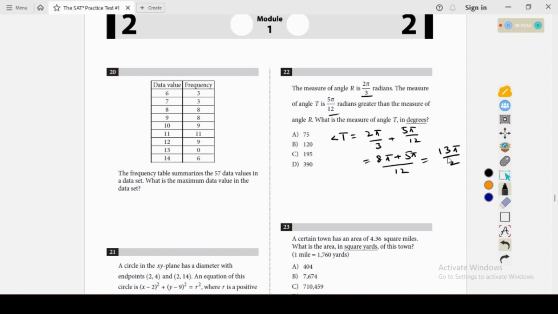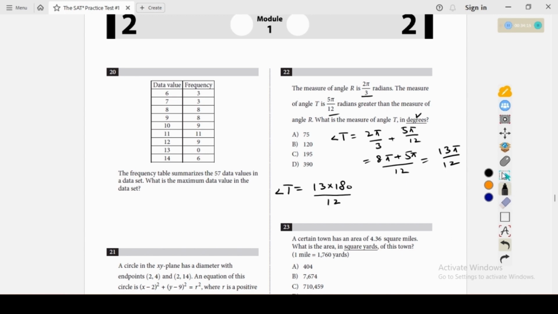But this value is in radian and we have to find the value in degrees. Just substitute the value of pi as 180. So angle T equals 13 times 180 divided by 12.